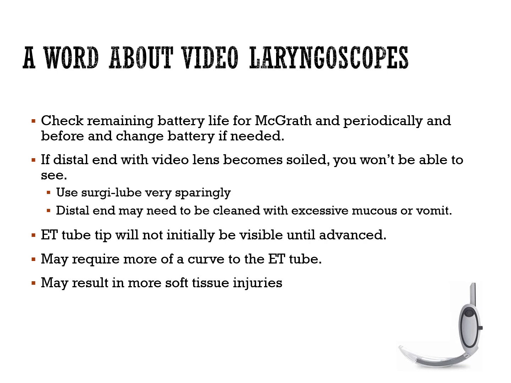You're going to have to wipe it down and put the blade back on, and it's kind of a big deal. Or you may just go to the non-video laryngoscope that's still in our intubation boxes and go the old-fashioned way. Whether it's Surgilube, vomitus, or secretions, just be careful and be aware.